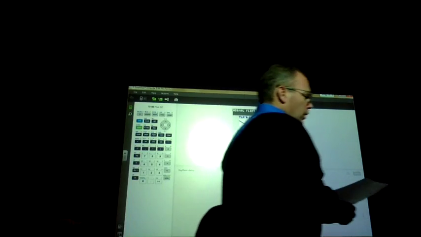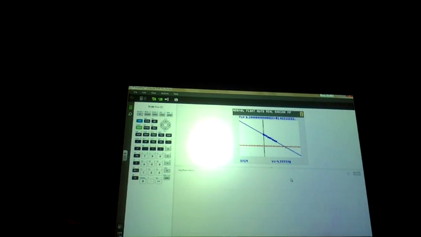Two things. You will have the ability to use a graphing calculator on the test tomorrow. If you don't feel comfortable with it, you can still do it by hand, and you're still going to get the points for it, right? So you might as well try it, but let's go through number 13 using the graphing calculator.